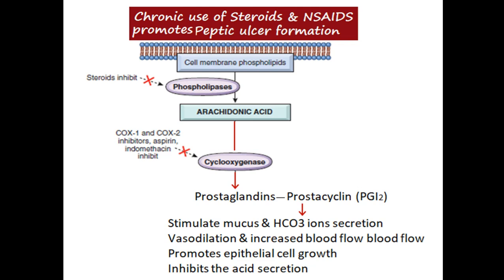So after H. pylori, the second most important cause of peptic ulcer disease is chronic use of steroids and cyclooxygenase inhibitors or NSAIDs. These are the non-steroidal anti-inflammatory drugs. So the steroids as well as NSAIDs are involved in the pathogenesis of peptic ulcer disease.